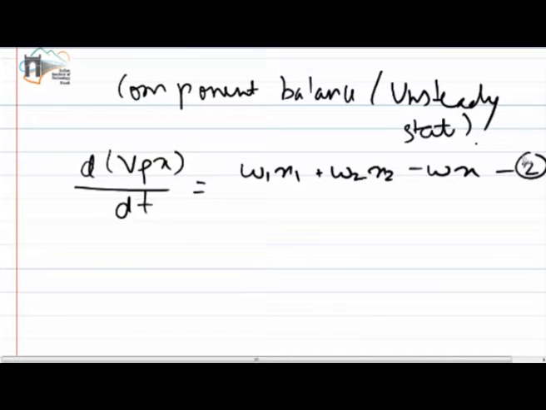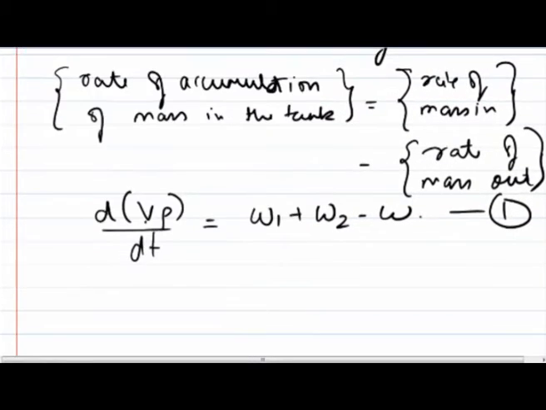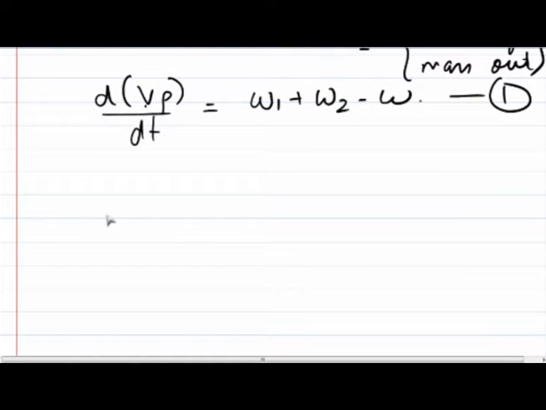Okay, now what we assume here, suppose rho and v are constant. So if I expand these two equations, go to this first one, okay, this will be rho dv by dt.